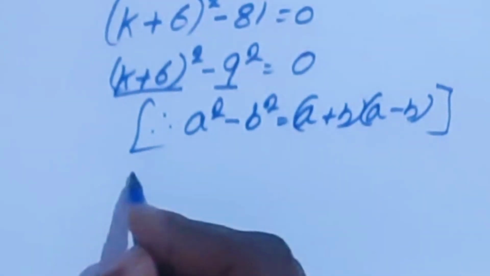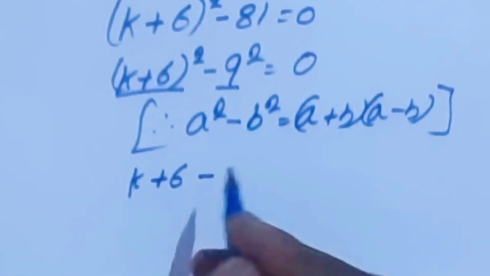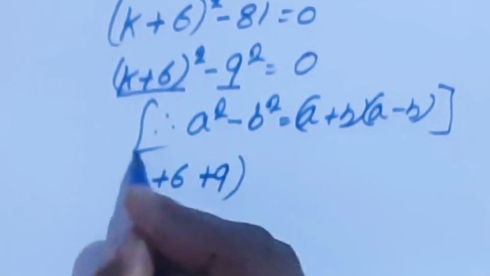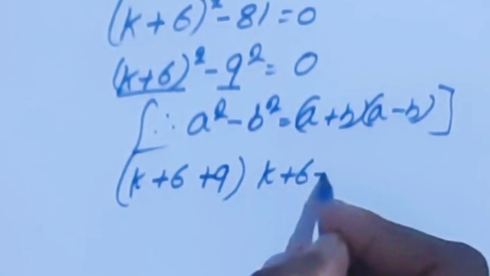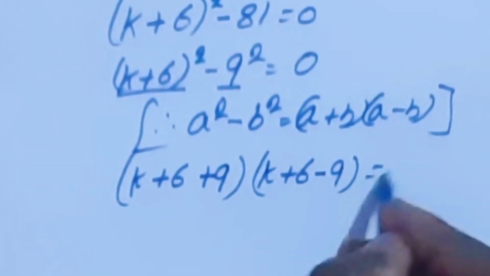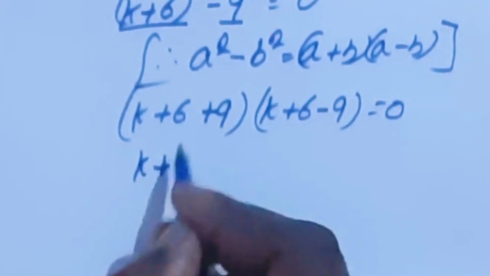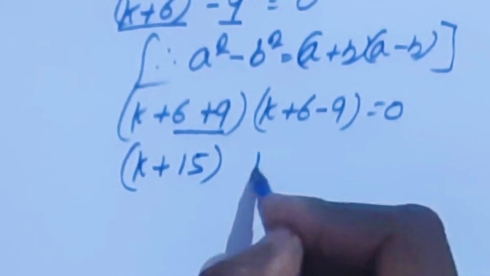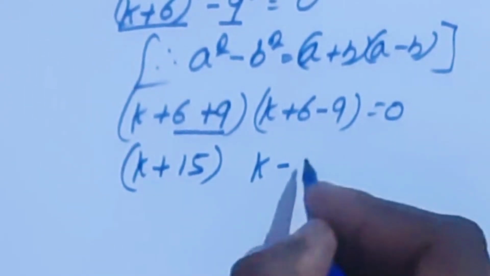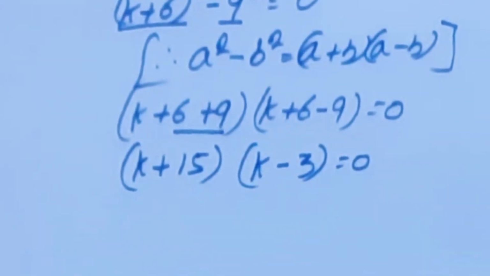So (k + 6 + 9)(k + 6 - 9) = 0. Now k plus this is 15, and k minus this is 3, equals 0.